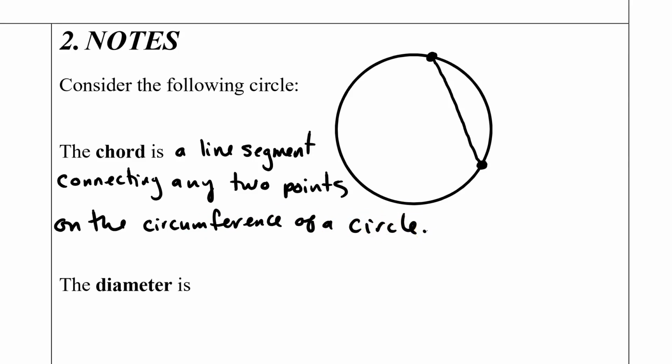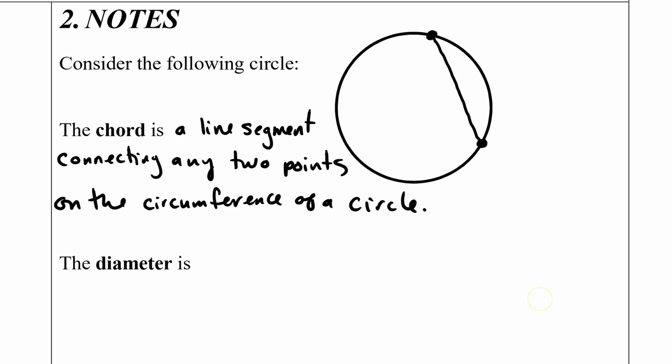Now, a diameter is a very special kind of chord. If we say that this is a center, oftentimes we call this O, a diameter is a chord that goes through the center, just like that. And remember, this is a total side note, but a radius is half of a diameter, and oftentimes we need that for different formulas.